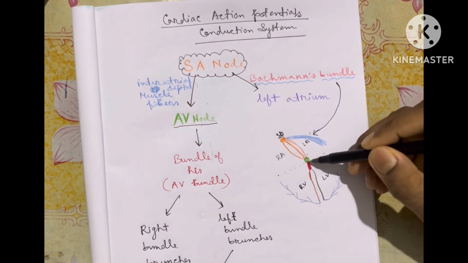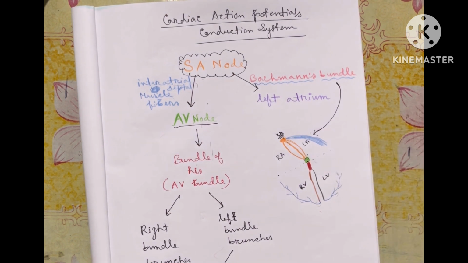Then the AV node is present in our right atrium, and slightly in the interatrial septum as well, but towards the right side. It is just anterior to the opening of our coronary sinus.